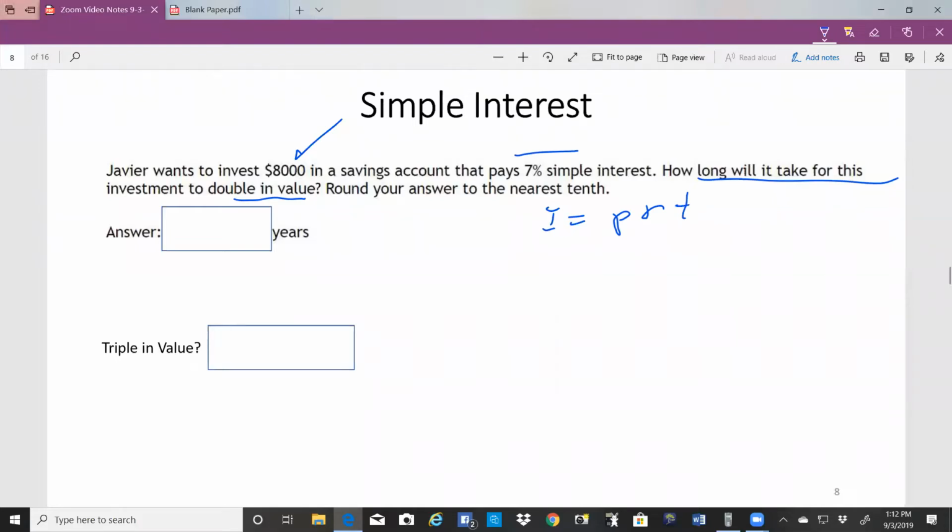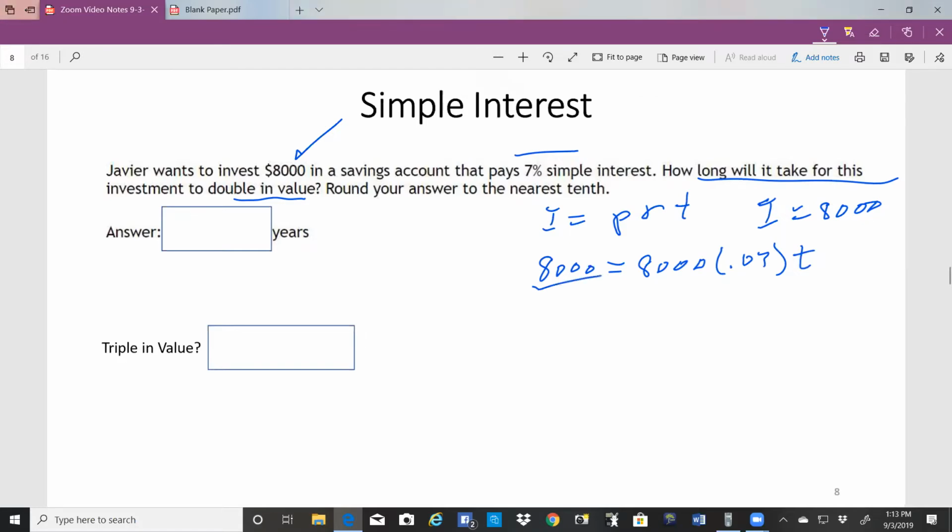In order to double what you start with, you need to have I equal 8,000. So you plug in 8,000 equals 8,000 times R, which is 0.07, times T. And you need to solve this for T.